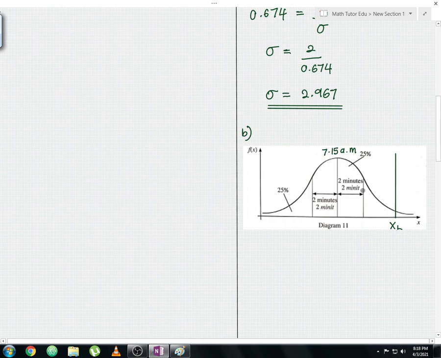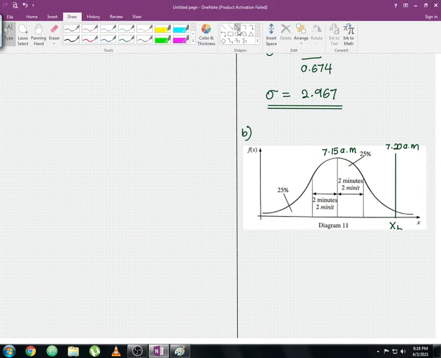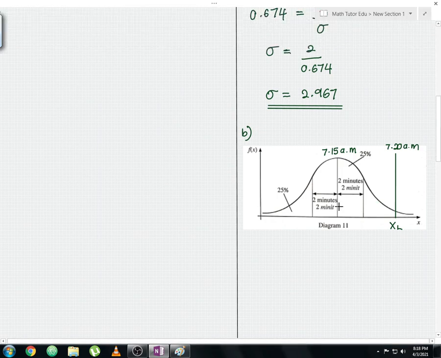So that's why I'm using XL over here. And let me write here 7:20 a.m., and the difference between the two times is 5 minutes. Let me label that as well. From the mean to the XL, it will be 5 minutes.